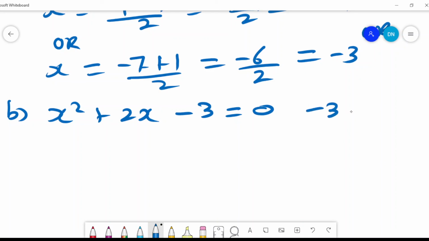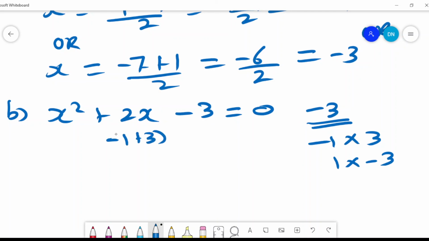So negative 3 is given by negative 1 times 3 or 1 times negative 3. Those are the two possible numbers. So which two numbers here, when I multiply, I get negative 3, and when I add them, I get positive 2? It is negative 1 and positive 3, because negative 1 times 3 will give me negative 3.